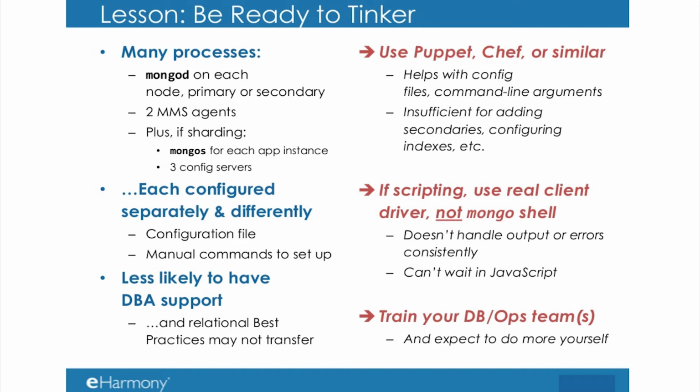So a configuration management system can help you with getting all of your config files in the right places. It can't by itself help you with all the manual scripted things. So you're going to want to have some scripts that will run automatically when you do a configuration deploy to make sure that the right nodes are in the right replica sets so that they get the right data on them.